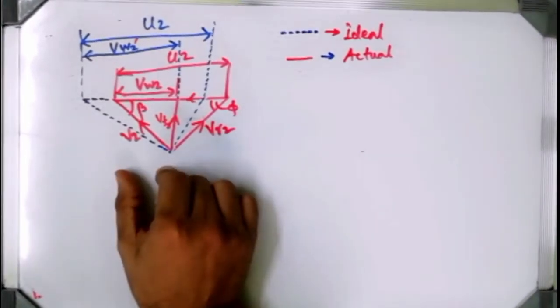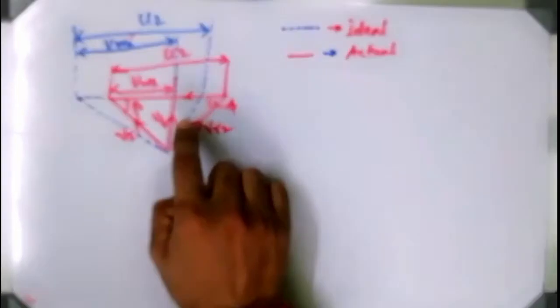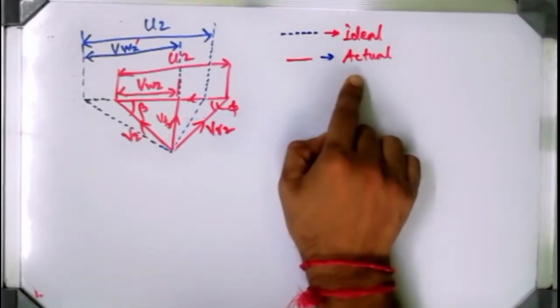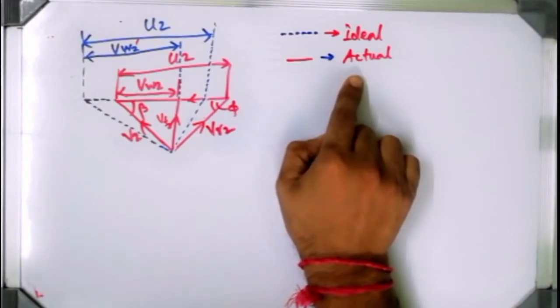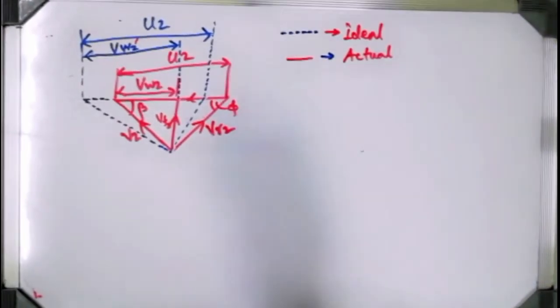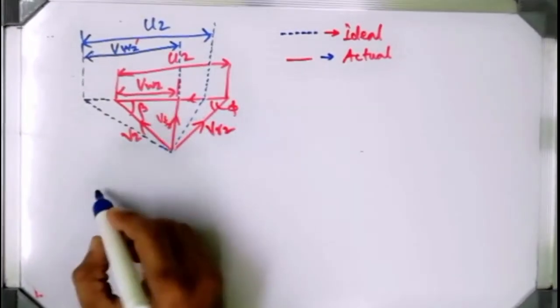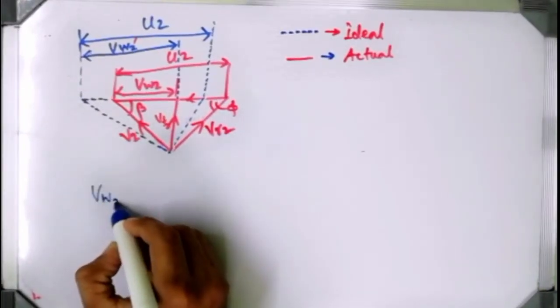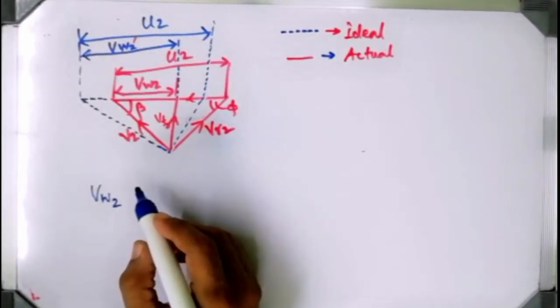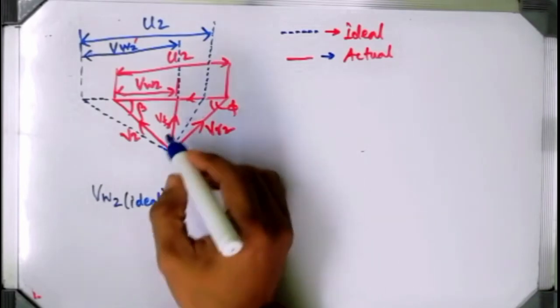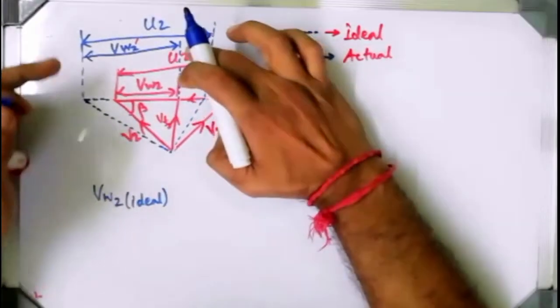What we can see over here is that the dotted line represents the ideal velocity diagram and the firm line represents the actual velocity diagram. From there we can see that VW2, velocity of whirl, in the ideal case, meaning the dotted one, this is the VW2.